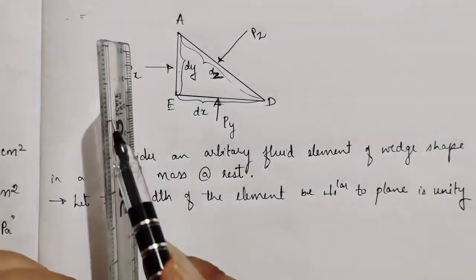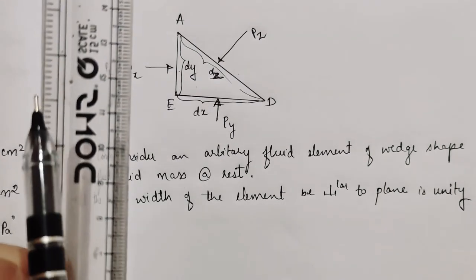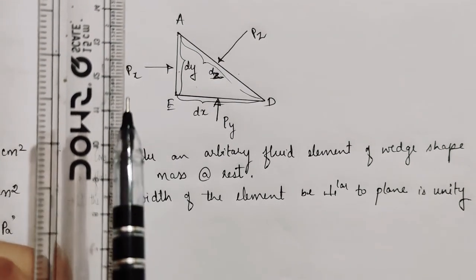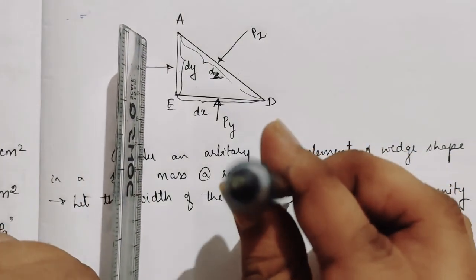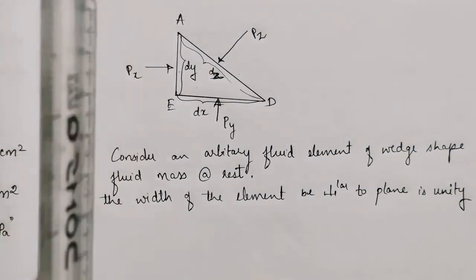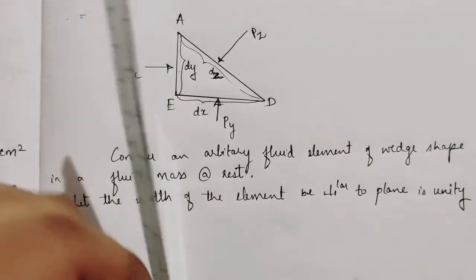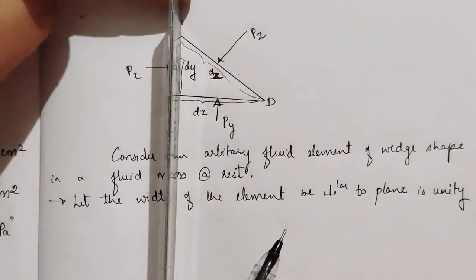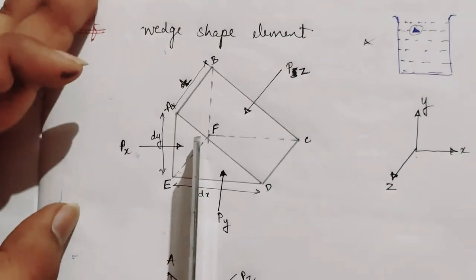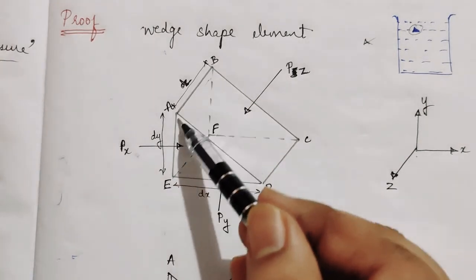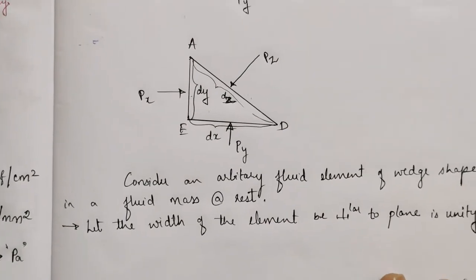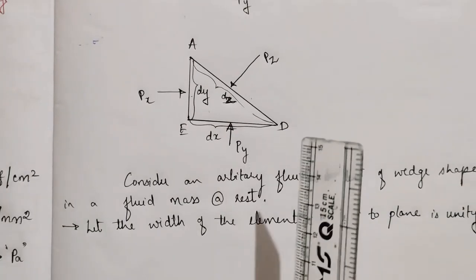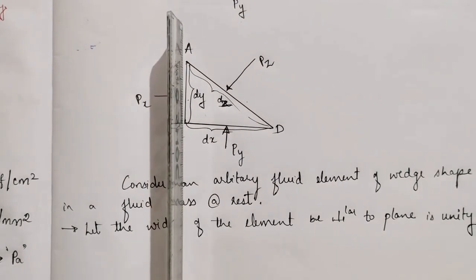The width from this edge to this edge I am taking as unity, and that is perpendicular to the paper, standing like this. On the paper we can't show that.